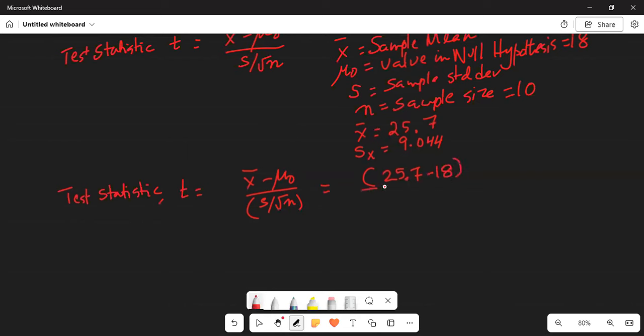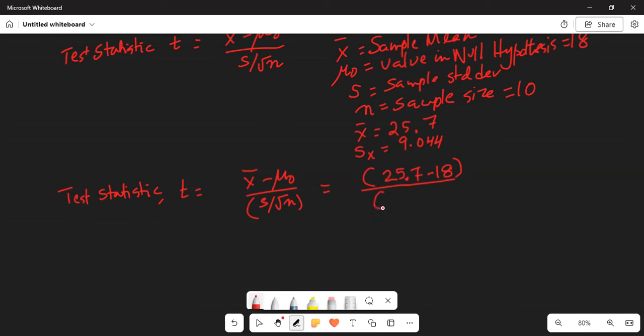Then we will divide. So second bracket, first left parenthesis, 25.7 minus 18, then right parenthesis. The left and right parentheses separate the numerator from the denominator.